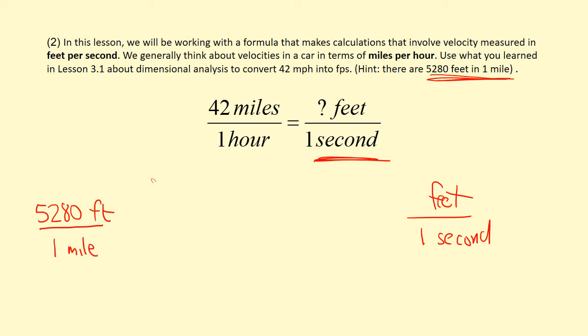So the numerator, the top, is already all set here, but we're going to have to put some other rates in here, probably more than one, and put some units on here to cancel out my mile and turn it into seconds. And so we'll use this one rate that we're given here, and then also what we know as far as converting between minutes and seconds and hours to turn it into a number of feet per second.